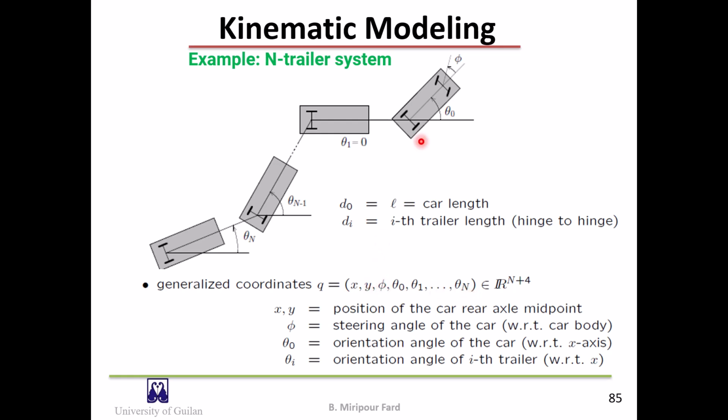You can see x, y is the position of the car rear axle midpoint, phi is the steering angle of the car with respect to the car body, theta 0 is the orientation angle of the car with respect to the x-axis, and theta i is the orientation angle of the i-th trailer with respect to the x direction.